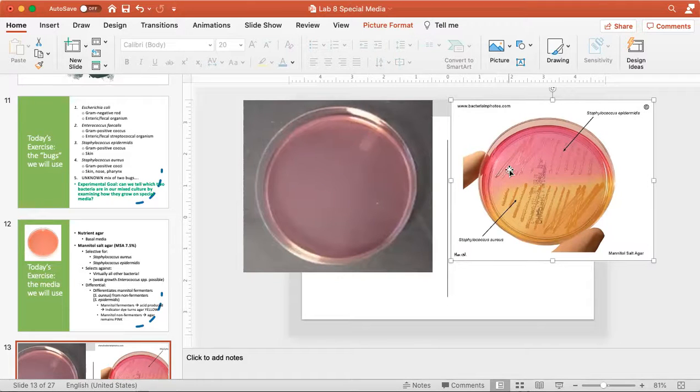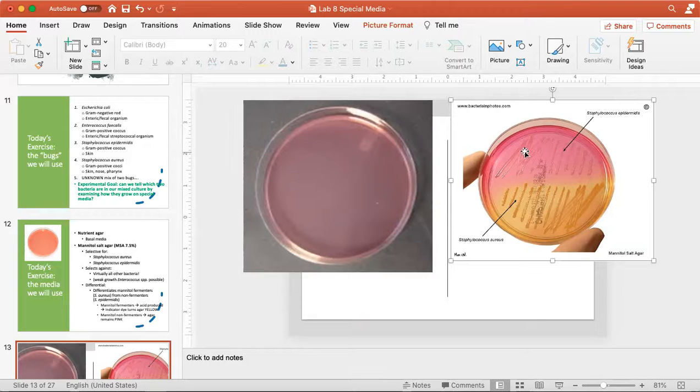We streaked some Staph epidermidis cells onto this side of the plate. So we knew we had Staph epidermidis. And down here, we streaked some Staph aureus cells on this half of the plate. We incubated this plate for 24 hours. And look what comes out of the incubator.